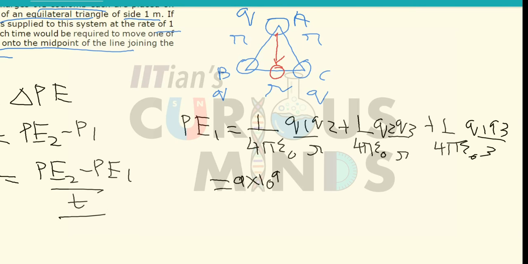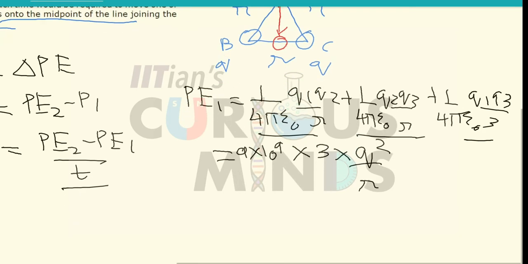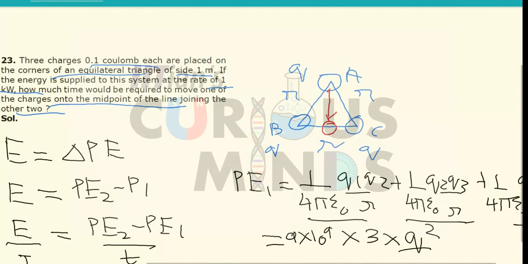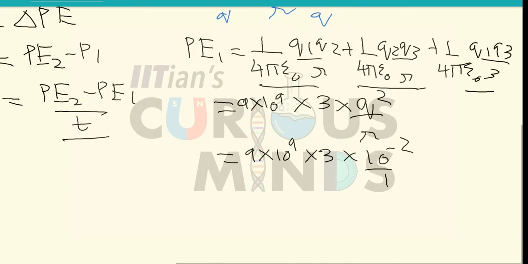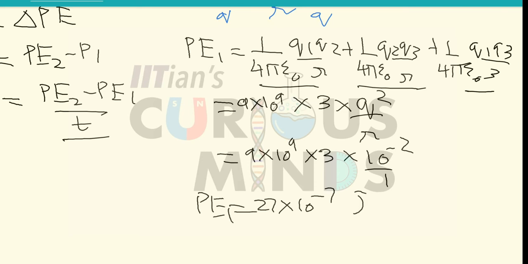Q1, Q2 and R, all these values are the same, so I can multiply it as 3 into Q square divided by R. Q square is 0.1 into 0.1, which is 10 to minus 2, divided by R equal to 1, which is equal to 27 into 10 to 7. This is the potential energy in the first configuration, obtained in joules.